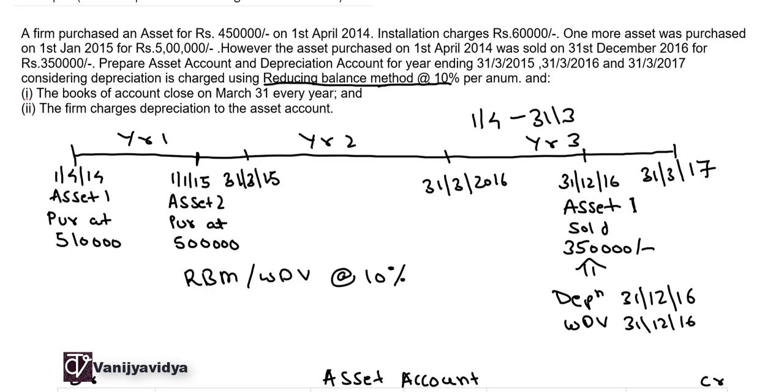So the journal entry for the purchase of the asset will be asset account debit to bank account. When nothing is given, we are assuming that the payment is made through bank. So asset account debit to bank account. So let's post the entry on the debit side of the asset account.